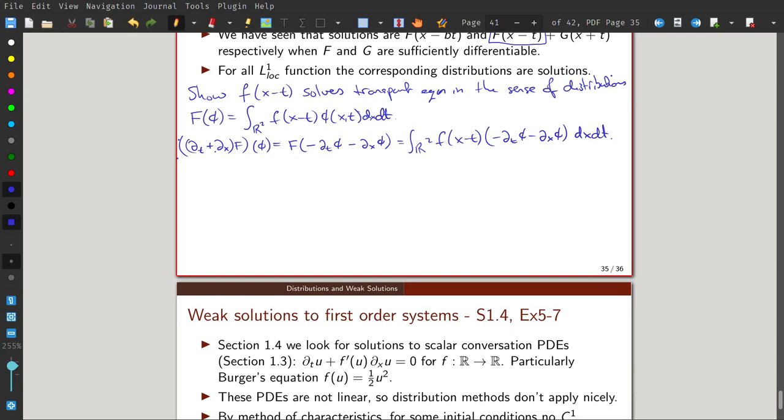How I can do that is I can make a coordinate transformation. So I can say let u equal x minus t and let v equal x plus t, for instance. So this is a coordinate transformation of the plane, and then we need to do some calculations. The partial derivative of phi with respect to t, what's that going to be?